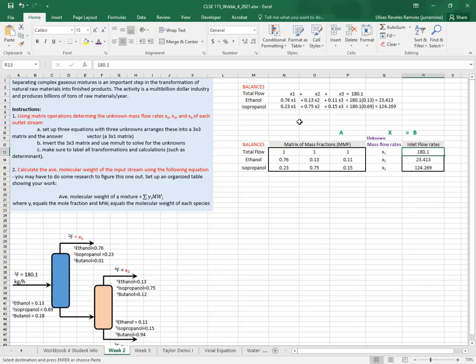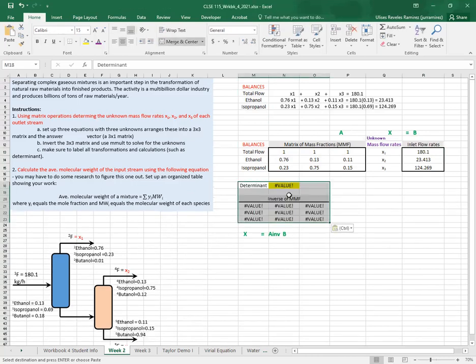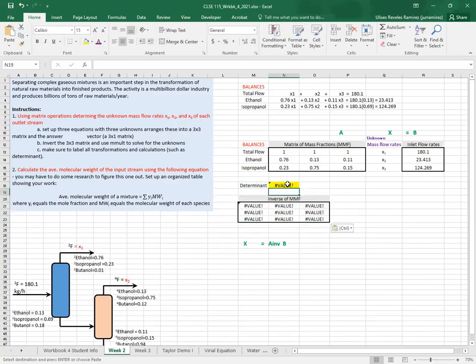To solve this problem, we need to find the inverse, because the solution of this problem is given by this, right? So AX equals B, so X equals A inverse, the inverse of this matrix, times B. So let's calculate that. Okay, let's calculate the determinant.